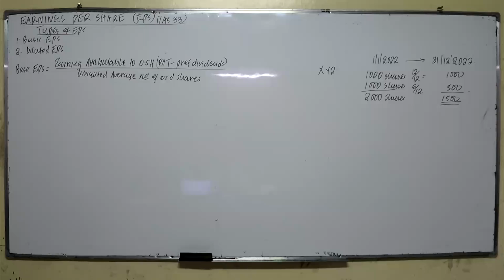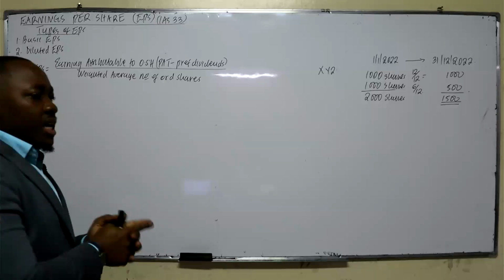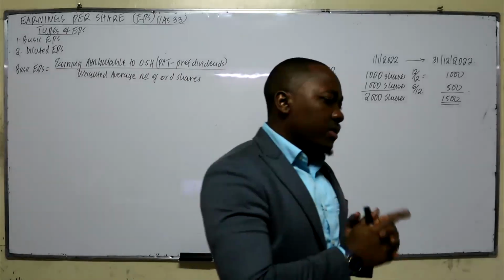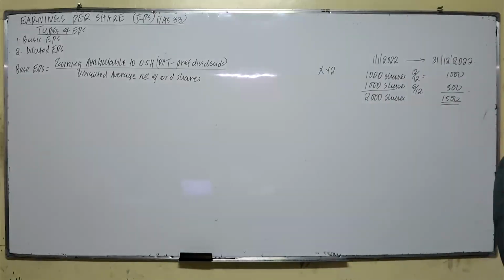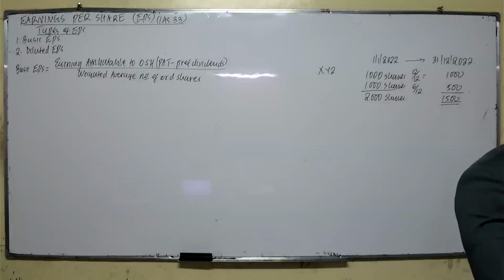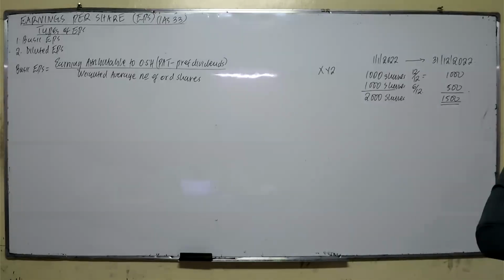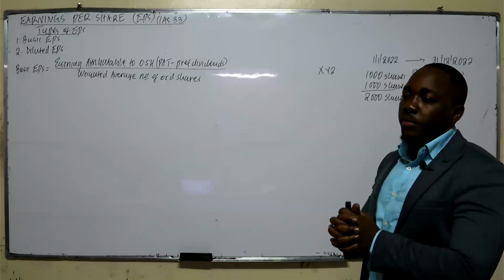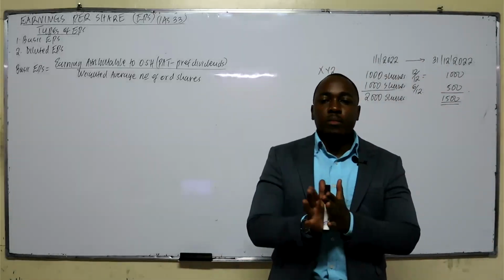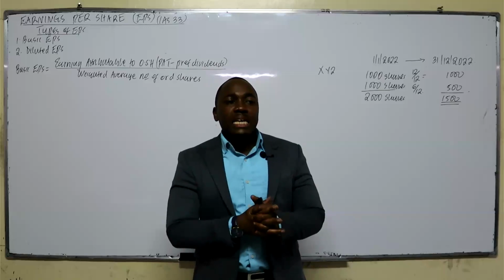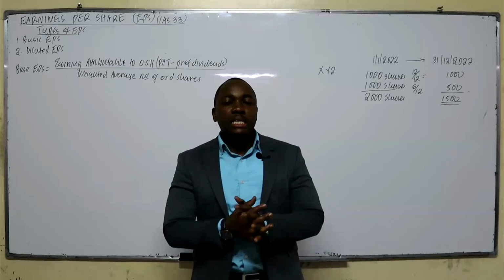This is usually done by multiplying the number of shares issued during the accounting period by the time weighting factor.